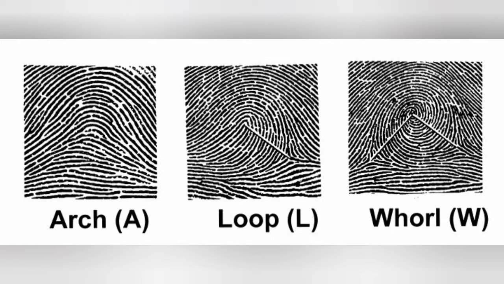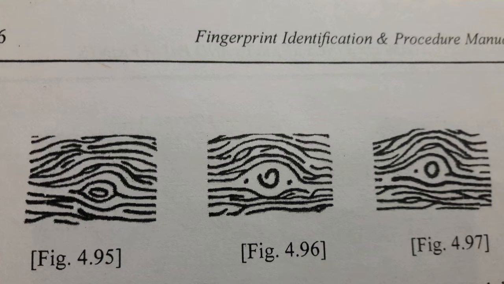There is a core, but there is no delta. Then the tented arch is also a wave-like structure. The friction ridges come from one side, make an upthrust, and then move out from the opposite side. These are the arch types.